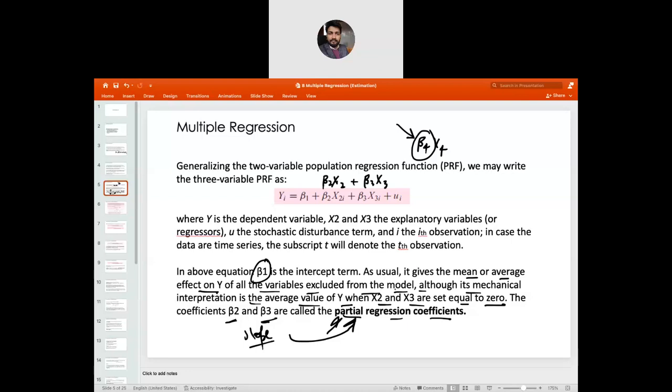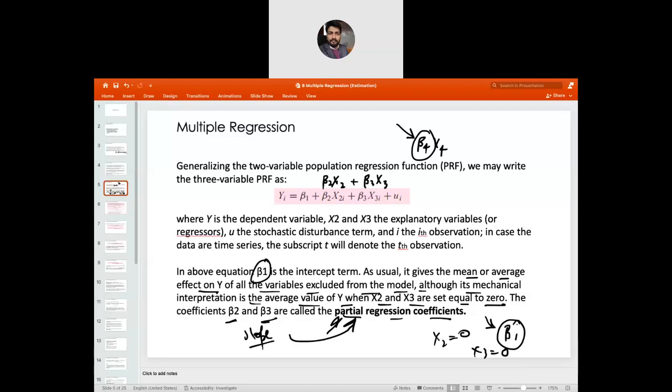Because beta 1 is not attached to any x, it is just the intercept. If you assume that x2 is 0 and x3 is 0, then it is only beta 1 which is left, and there is no x attached to it.